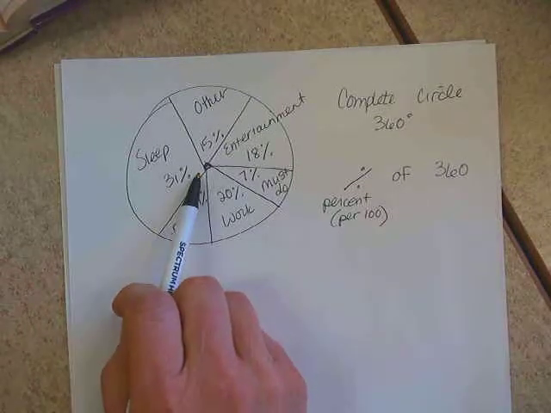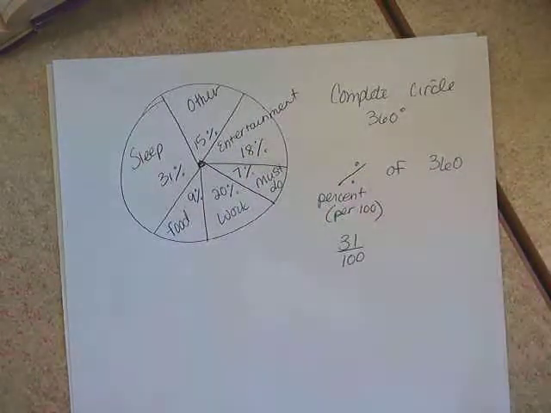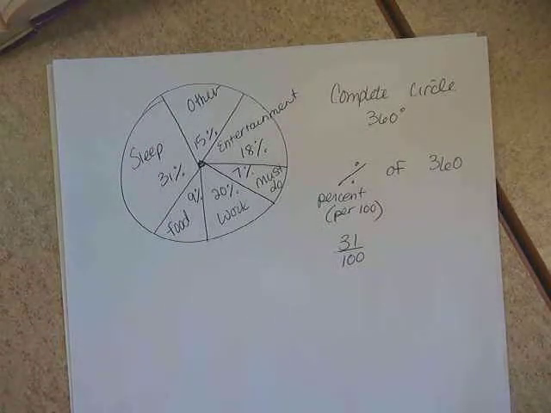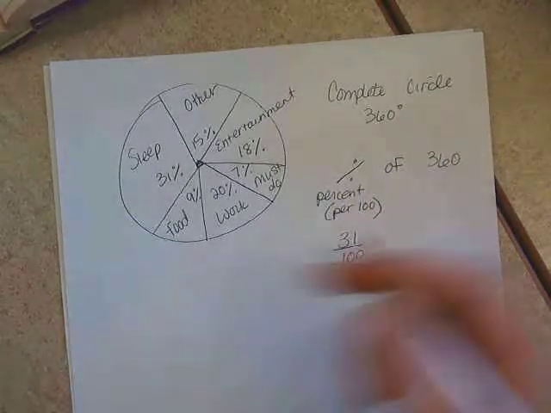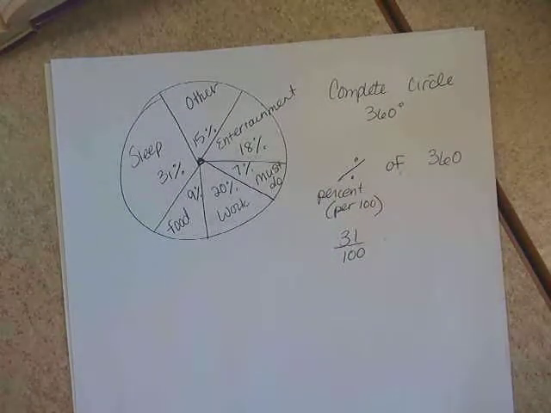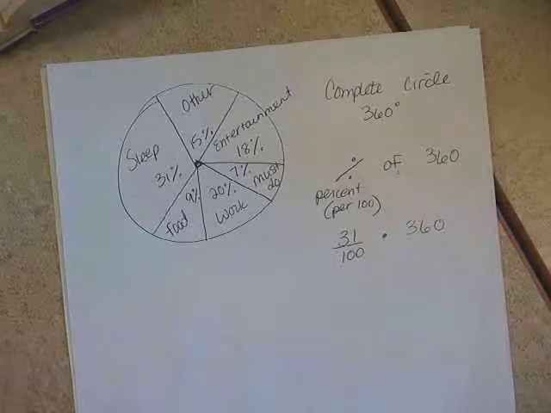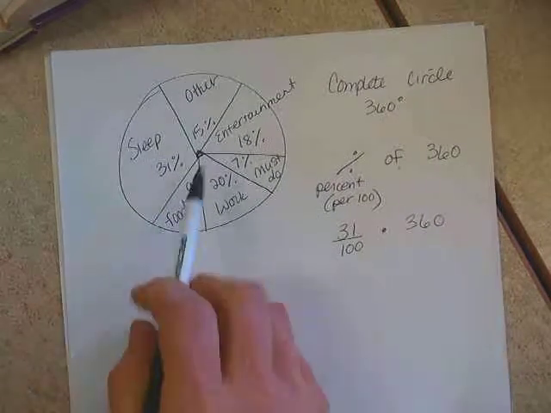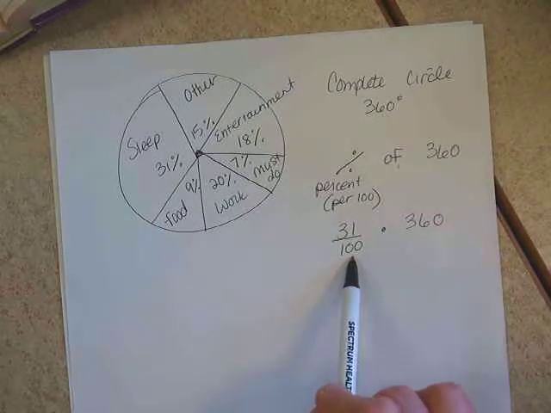That's what percent means if you're considering the Latin roots. So say I want an angle for sleep, for instance, and that is 31%. So I would say 31 hundredths. Now, if you already know what the decimal form of that is, perfect. But if you don't, that's why we're talking about per 100. What does "of" translate to? Times.